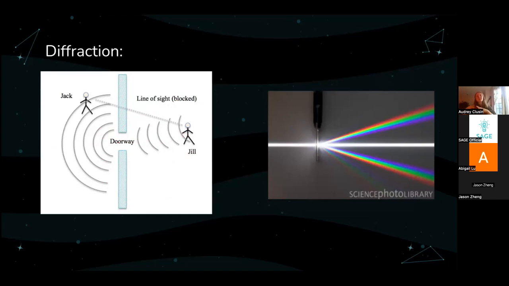It's basically just when a wave splits up, and in light, it looks like light splitting up in a bunch of different ways. And this is a property of a wave that light happens to exhibit. And this is another reason why we can say that light is both a particle and a wave.